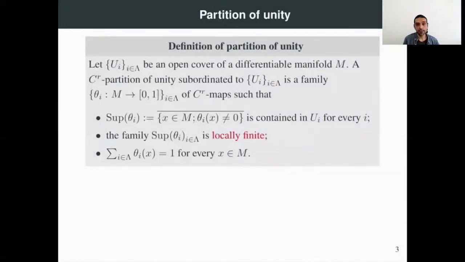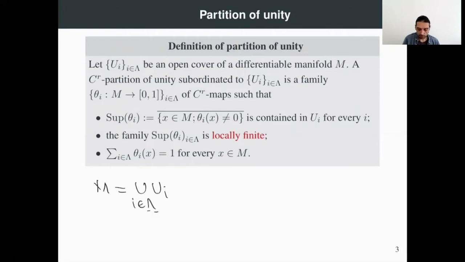Let's give the definition of a partition of unity. Consider first an open cover of a differentiable manifold M. The only condition that these open sets U_i satisfy is that M is the union of the U_i for the elements of the family.